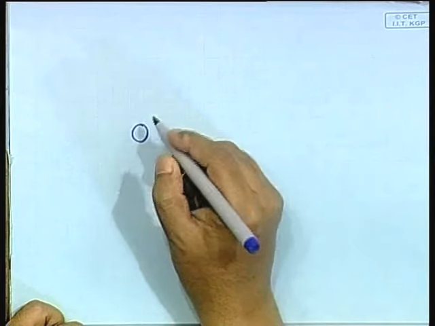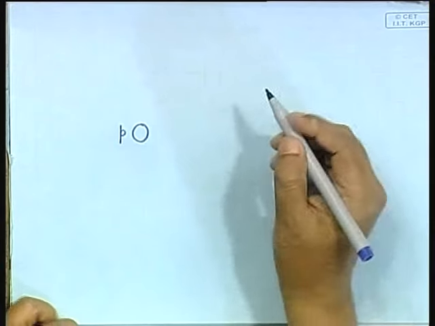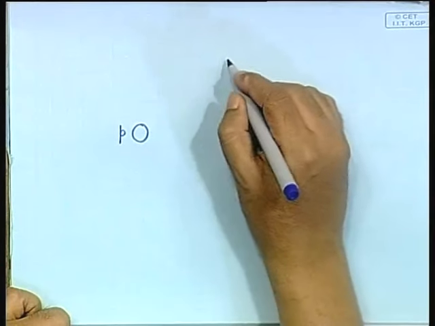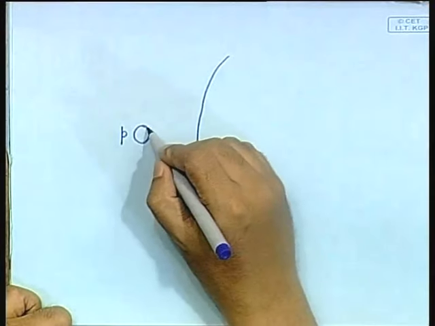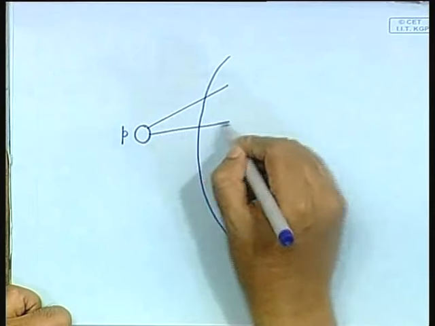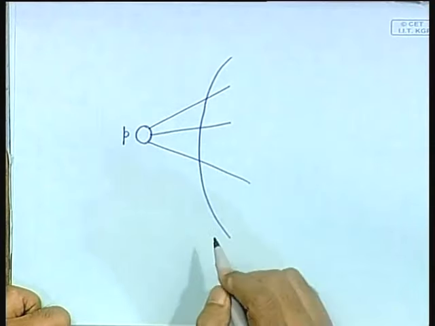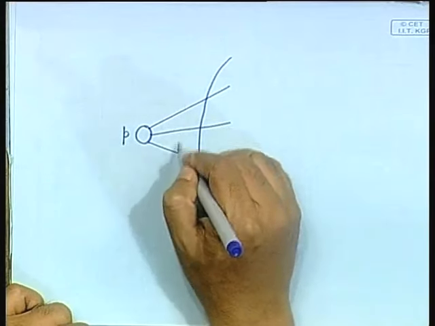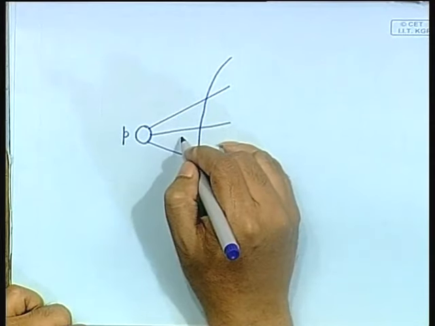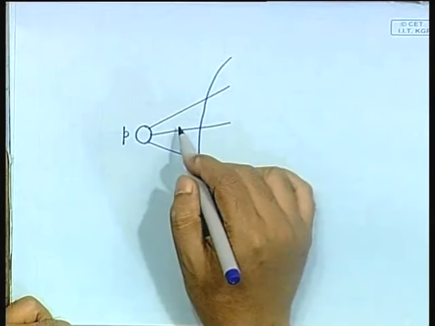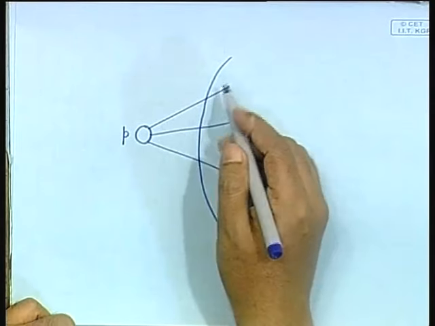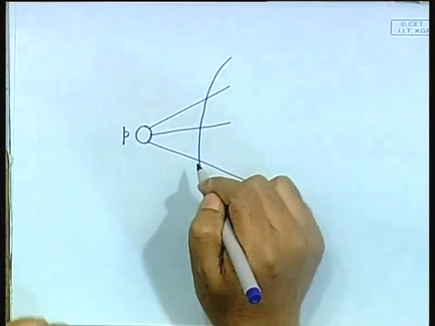See, when you have a node P, and this is the rest of the nodes, if you look at the edges incident on P, the one which is the minimum cost among these will definitely belong to the tree. Why? Otherwise, we can remove the other edge and put that edge and reduce the cost of the tree.